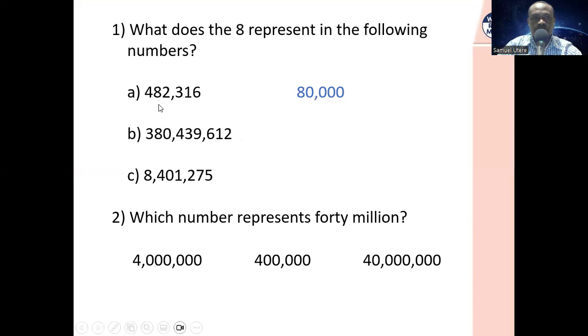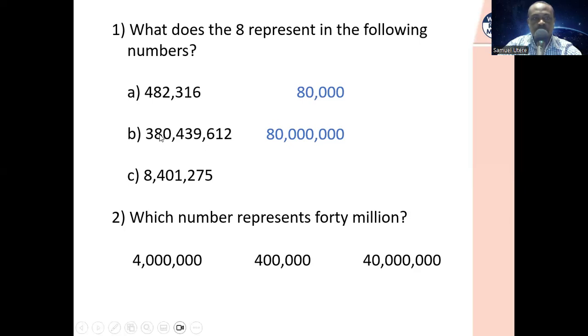If you were to use your place value chart, you can see that the 8 is in the tens thousand column. Here, this represents 80 million. You can see that the 8 is in the tens millions column. So the 8 represents 80 million.